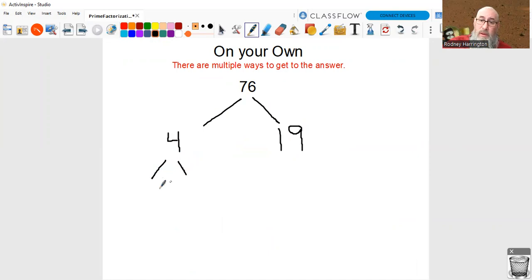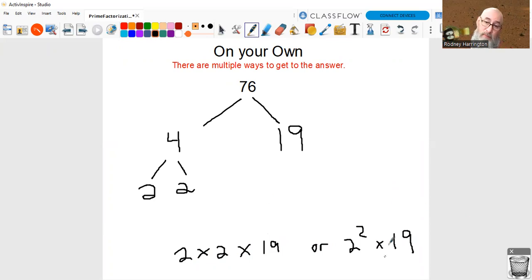And then we come down here and we have 2 times 2. So our prime factorization is going to end up being 2 times 2 times 19, or 2 squared times 19.